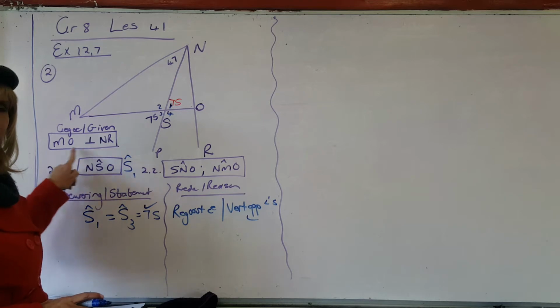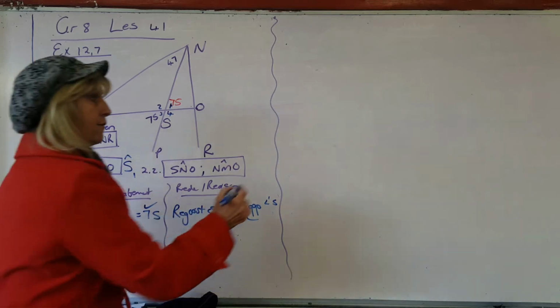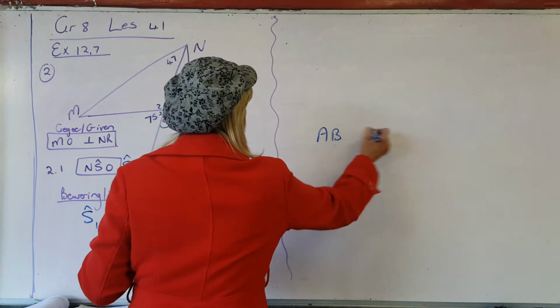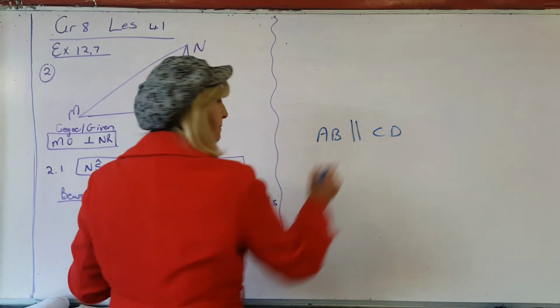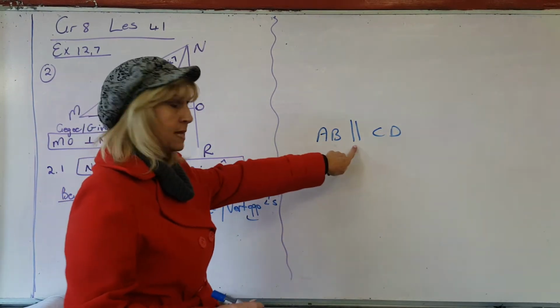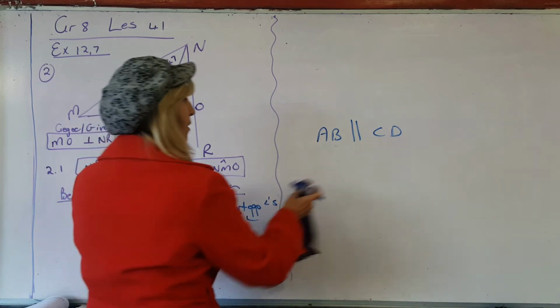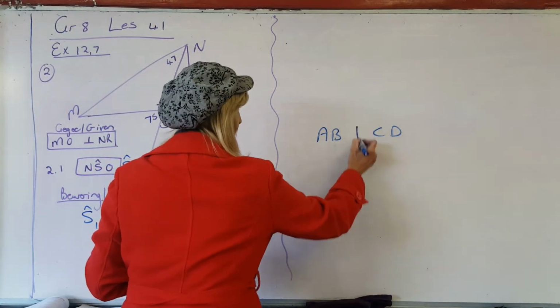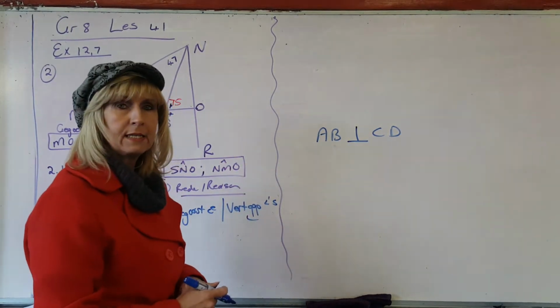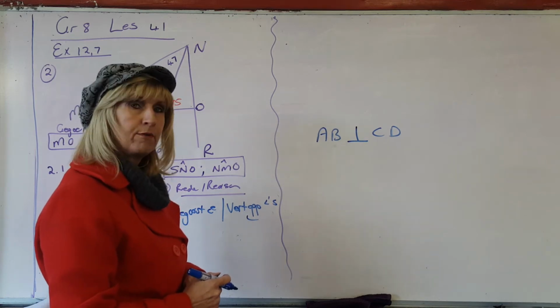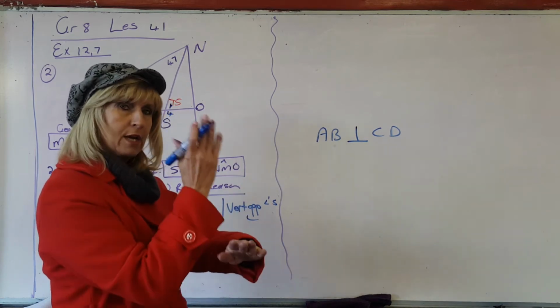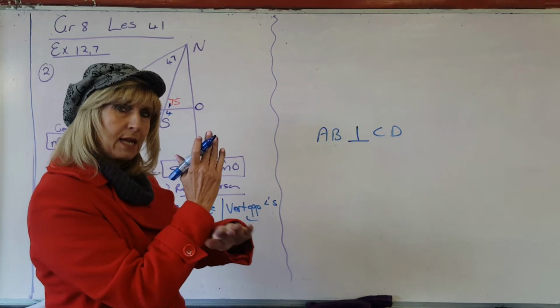So ek wil hê jy moet mooi kyk hoe hulle dit gesê. If you say AB, CD like that, what does it mean? You must know the notation means parallel. But if I write this little symbol, dan beteken dit loodreg. That is the symbol for being perpendicular. So they sit on each other at 90 degrees.